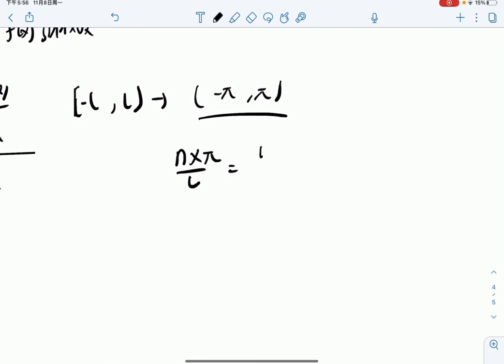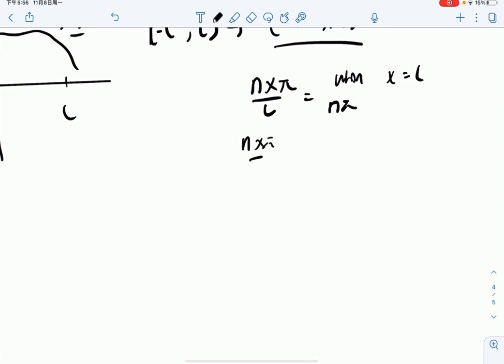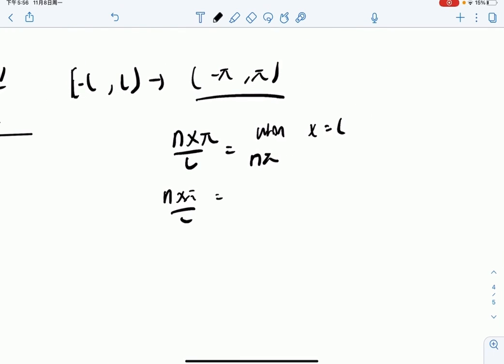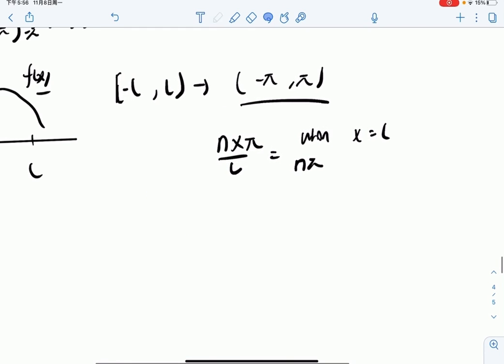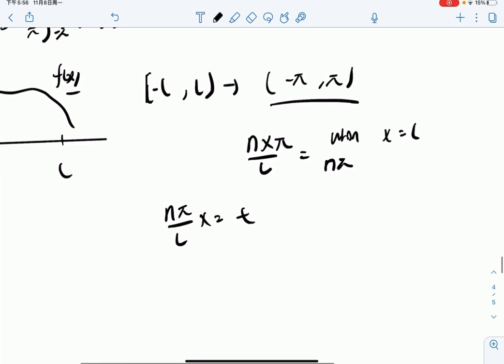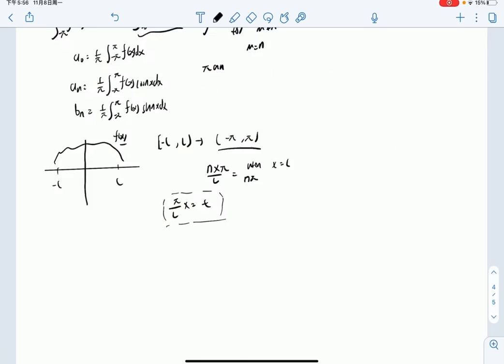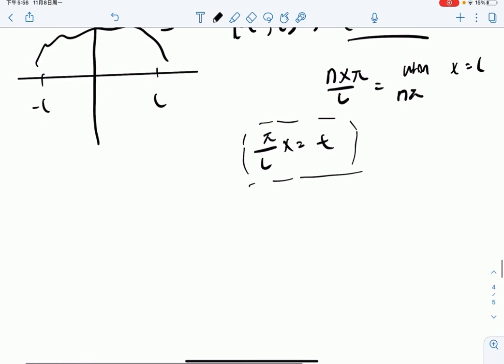When x is equal to L, this term is just going to be n pi. So we just substitute that, n pi x over L equal to t, or no, substitute this. And now, wait a second.